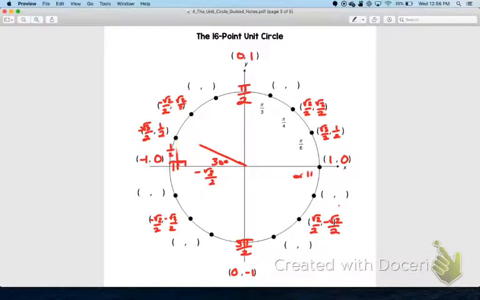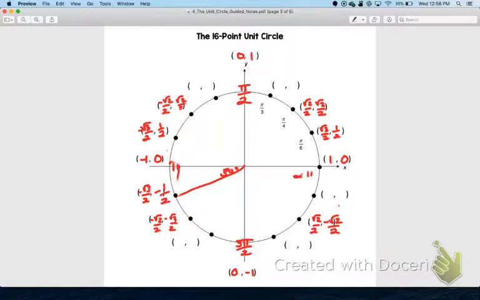Where's my next 30 degree going to be at? Well, it's going to be right here. Ooh, wrong. Right there. We got your next 30 degrees. So we have both negatives. So negative root 3 over 2, negative root 3 over 2. Or sorry, 1/2. I'm already losing it. 1/2. Don't make that mistake.